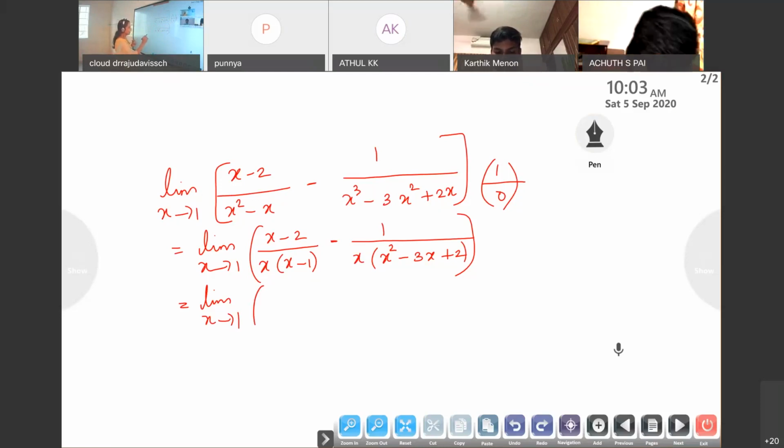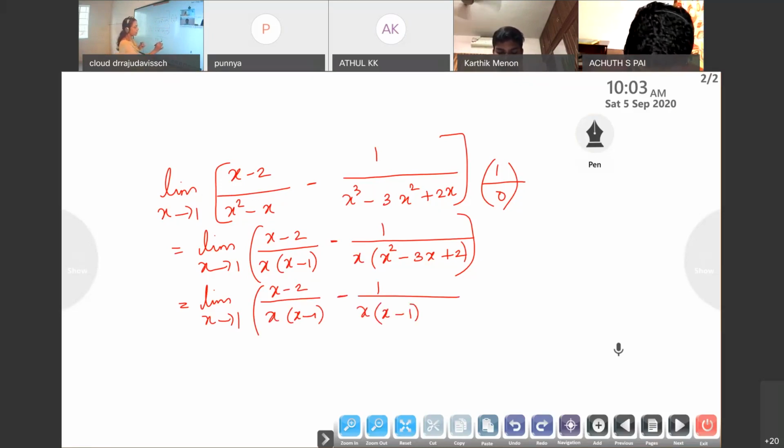Okay, so x minus 2 by x into x minus 1, minus 1 by... here when we factorize this, the product is 2. So x squared minus 3x plus 2 means we can write this as x minus 1 into x minus 2.